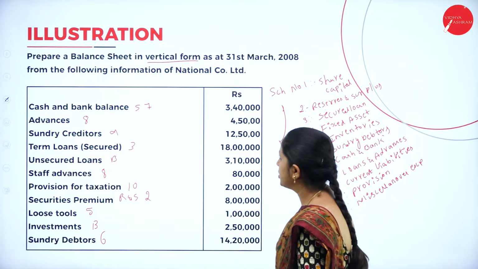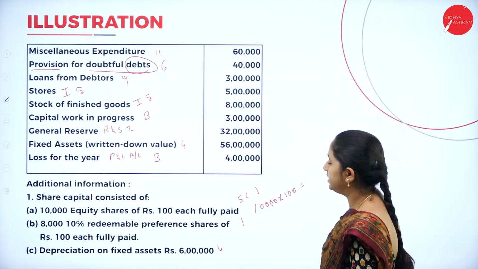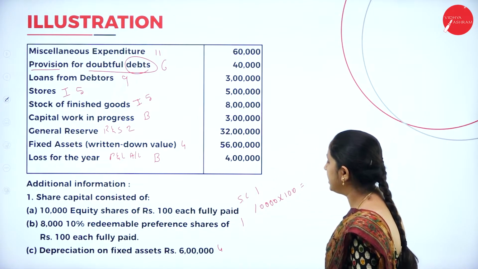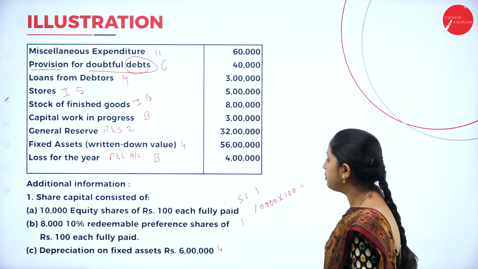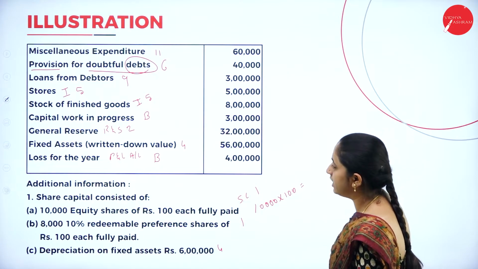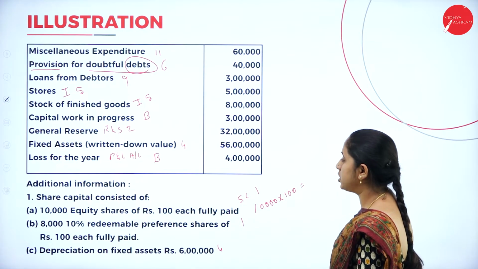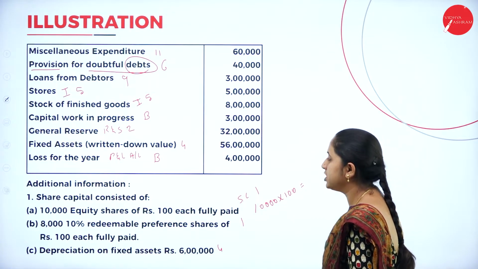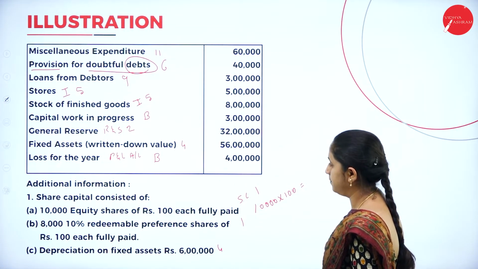We don't have Schedule 1 here. We just have share capital in the additional information: 10,000 equity shares of rupees 100 each fully paid and 8,000 10% redeemable preference shares of rupees 100 each. Write down these 10,000 equity shares of 100 each and 8,000 10% redeemable preference shares.